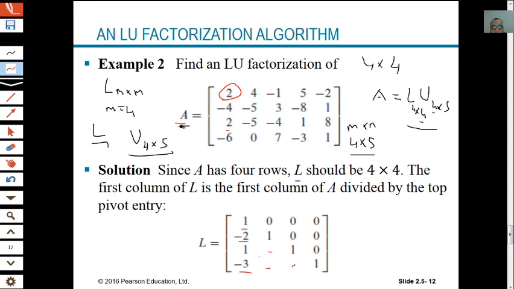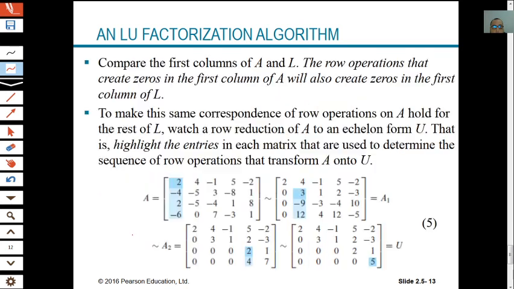We have 3 entries that we don't know for now. And similarly, we do row operations to get 0 for minus 4, 2 and minus 6. And then you can write the operations here yourselves.